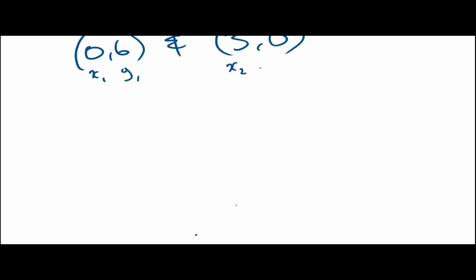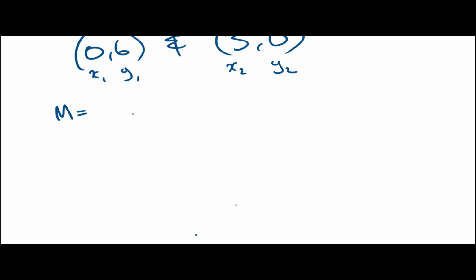So we have the 2 points 0, 6 and 3, 0. I'm going to say that's x1, that's y1, that's x2, and that's y2.